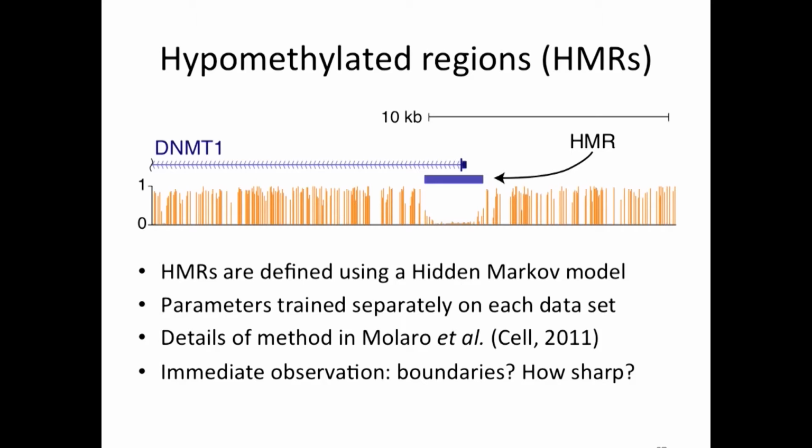But basically, it allows you to identify these regions, so it's sort of an unbiased strategy for identifying these regions. And it's devised to detect the clustering of these unmethylated CpG sites. As you can see, these bars, and the bars that I will show you throughout the rest of the talk, are HMRs that have been defined by this model that Andrew wrote.